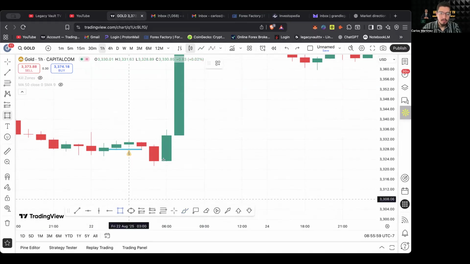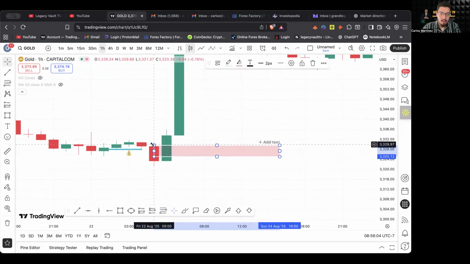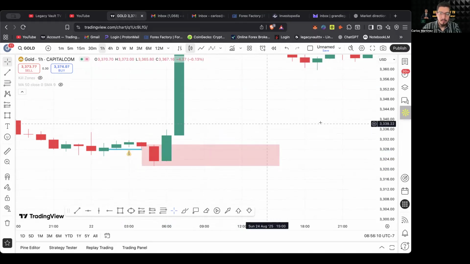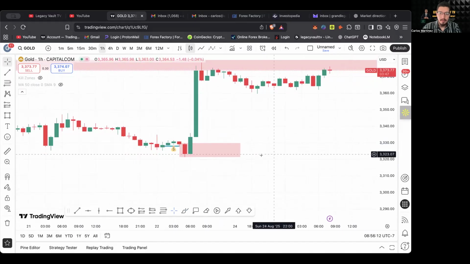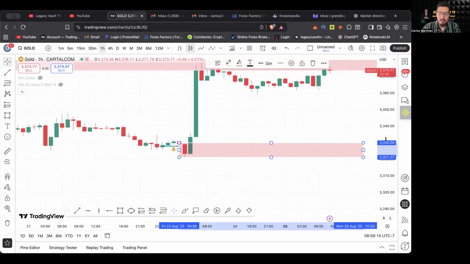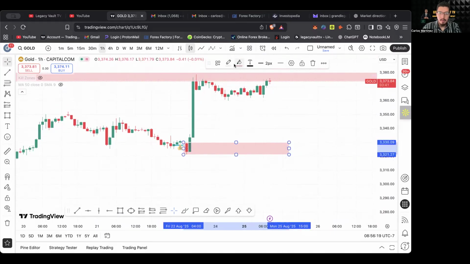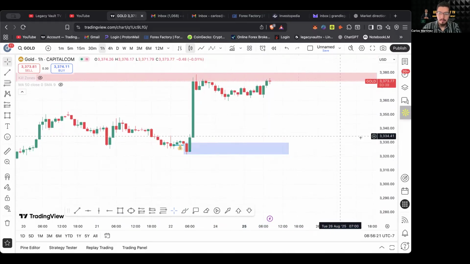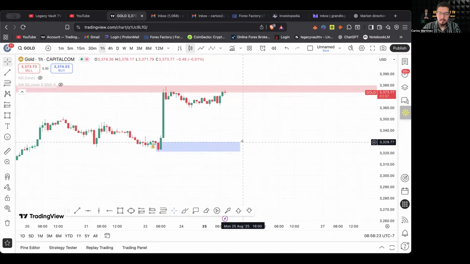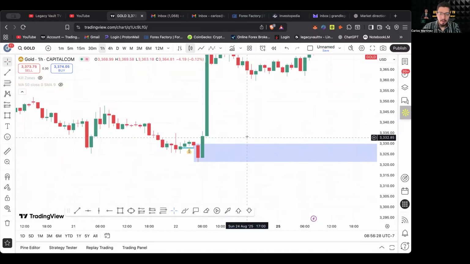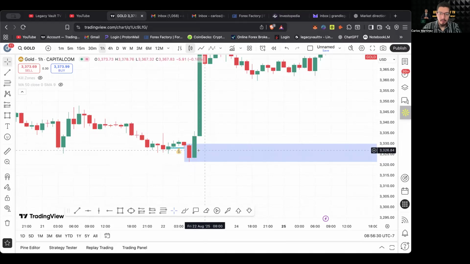Now you guys can also take this, draw a zone here from wick to wick, to draw out the demand zone. And I like to color this blue for demand. Now this is an area where there's buyers, right?